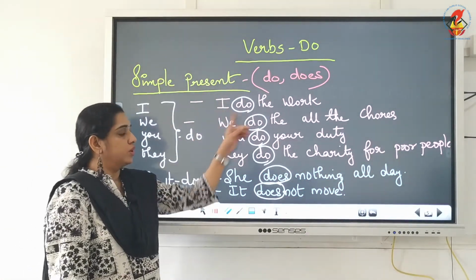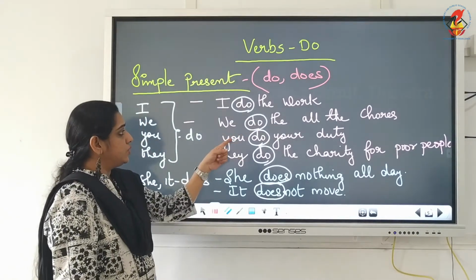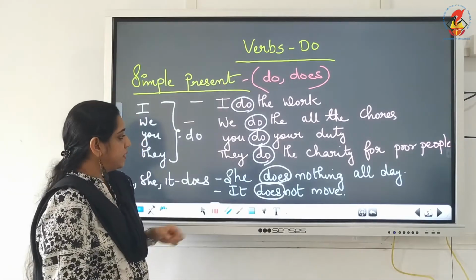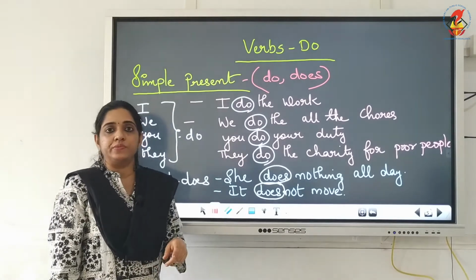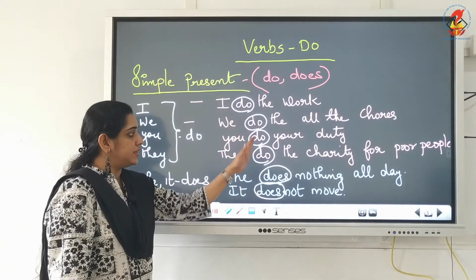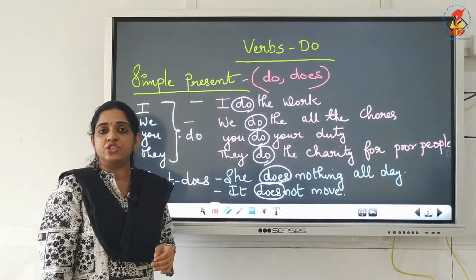See, I do the work, we do all the chores, you do your duty, they do the charity for poor people, she does nothing all day, it does not move. So children, whenever you see these verbs do and does, remember that is in which tense?